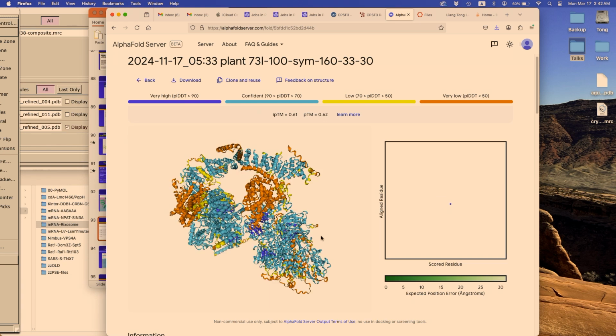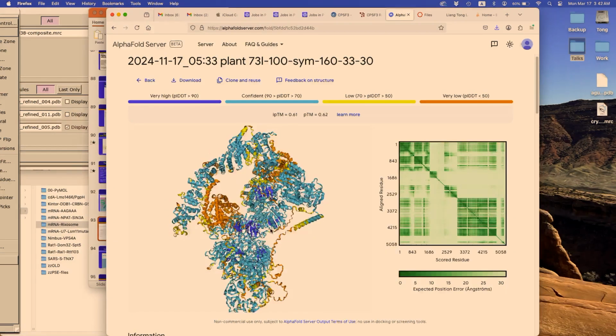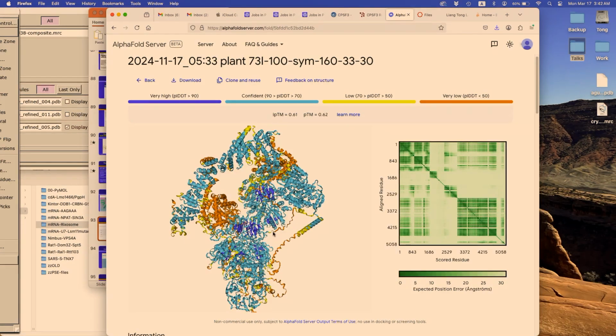So here's a prediction from AlphaFold for quite a few different proteins. And I said maximum is 5,000. This one I got to work with 5,058. I don't know how I succeeded, but anyway, it worked. So this prediction has 5,058 protein residues in it. So a big complex of many different things.